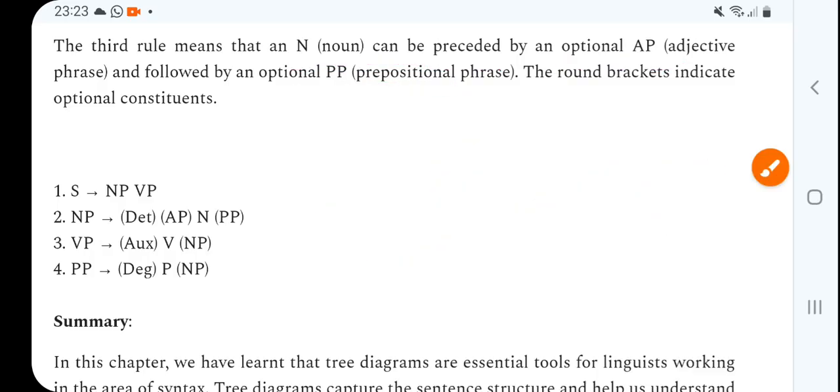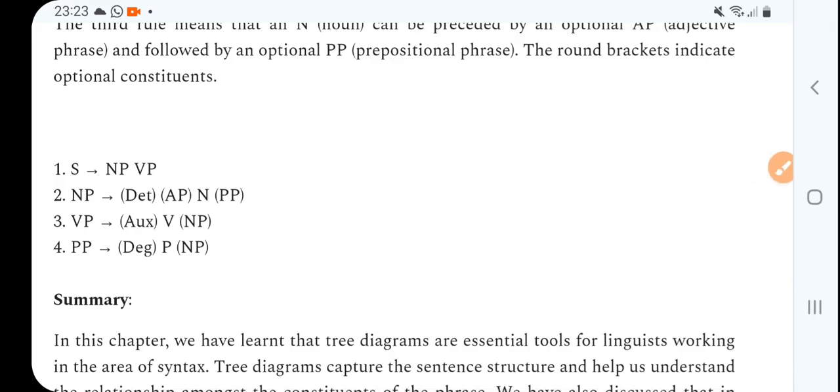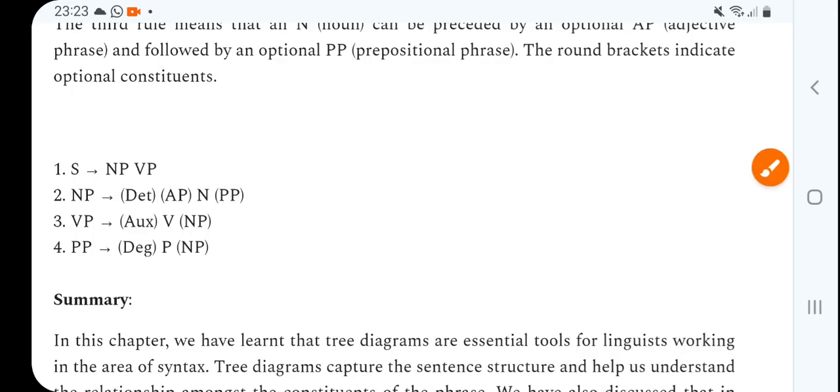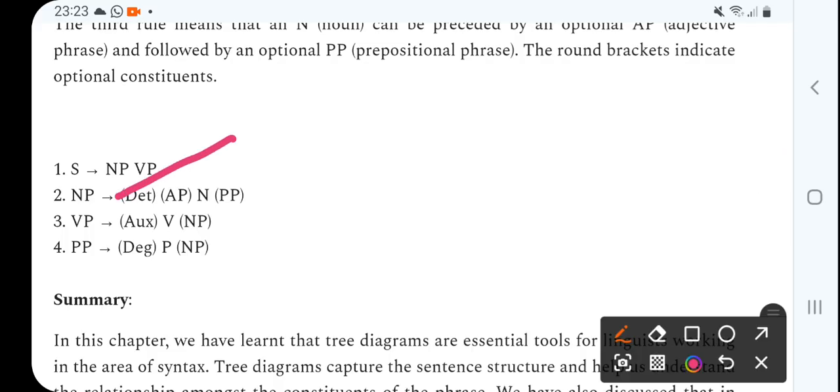Okay, so the round brackets indicate optional constituents. In the sentence, these are the mandatory parts, NP and VP. In the noun phrase, what is in the brackets, determiner is optional, AP adjective phrase is optional, noun is compulsory, prepositional phrase is also optional.